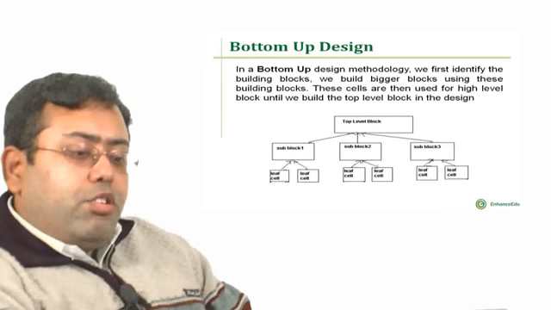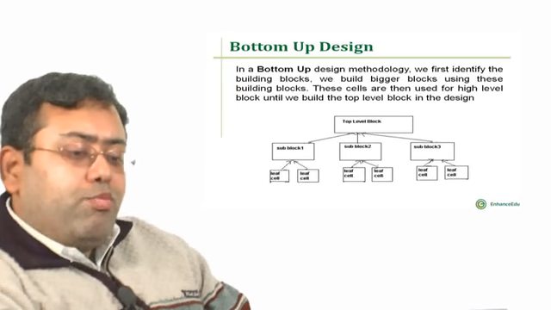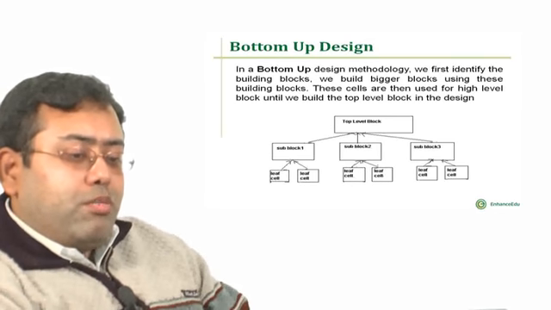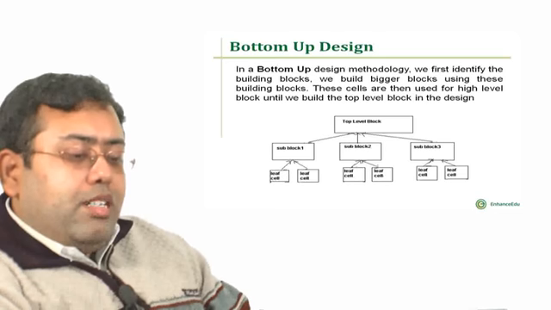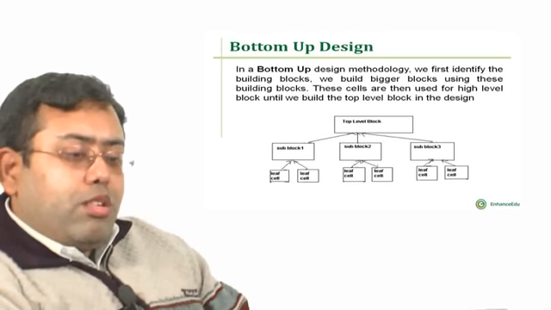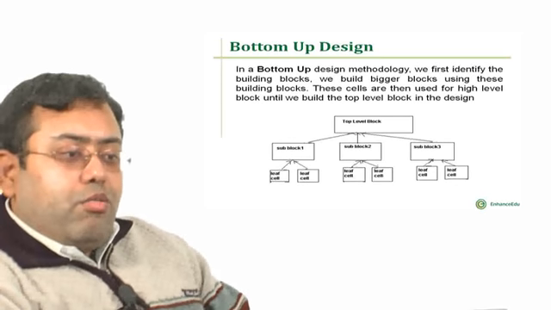In case of bottom-up approach, as you can see from this block diagram, we start with the leaf cells, which are the elementary blocks of the circuit, and keep on integrating the multiple leaf cells together into sub-blocks and multiple sub-blocks together into bigger level blocks, ultimately arriving at the design of the whole system.